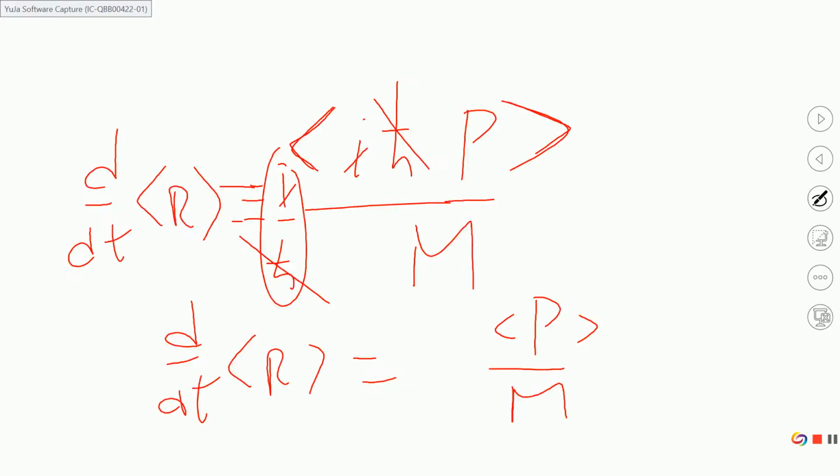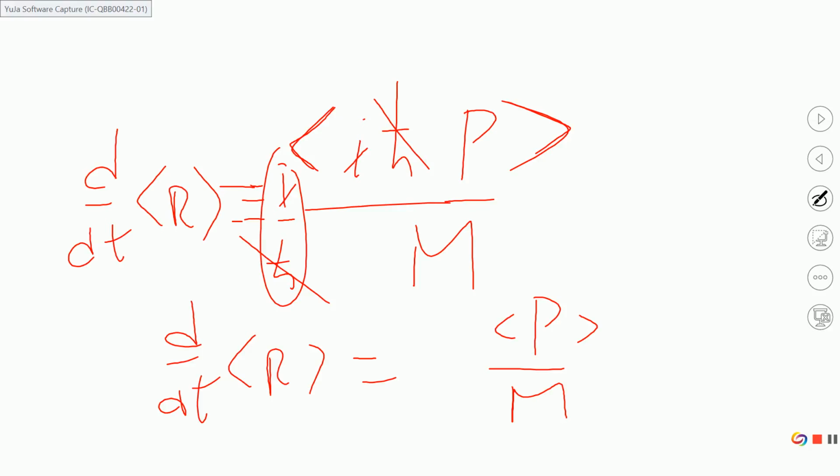And if you take care of the constants, we will obtain that the time derivative of the expectation value of position of the nucleus is equal to the expectation value of momentum of the nucleus divided by mass, which is basically the velocity. So we reconstruct the definition of velocity and momentum, but it is not for points. It is for expectation values of wave functions. So this is basically the Ehrenfest theorem.